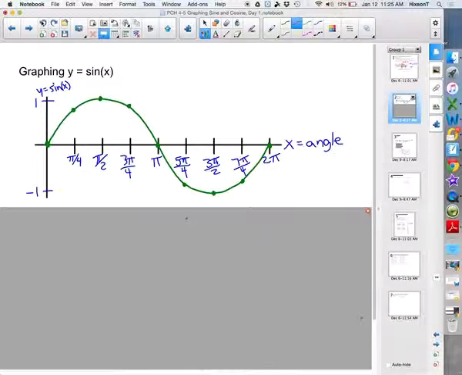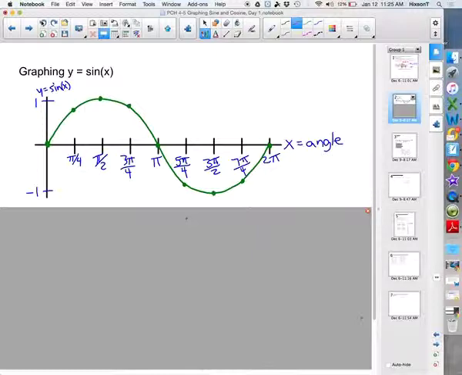Now I want you to see something here. Where are our quadrants on this? Where does the first quadrant end and the second quadrant begin? At the 1 and the 0.